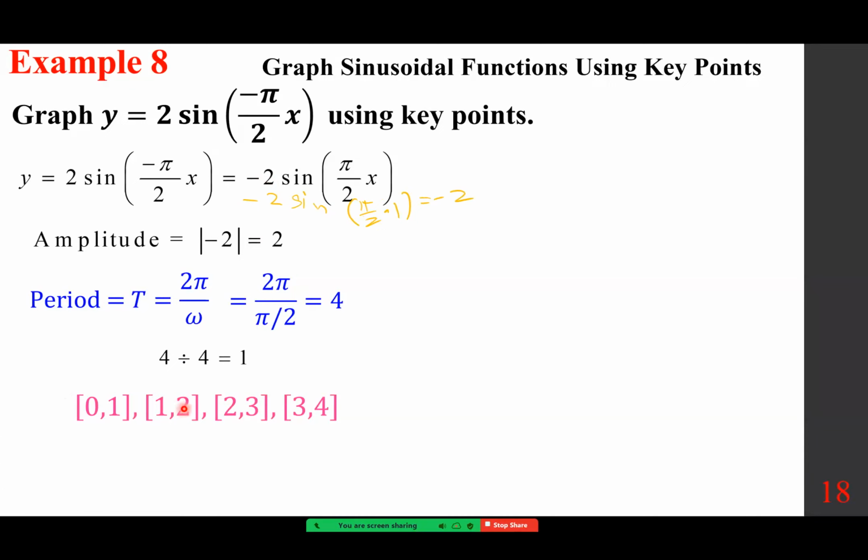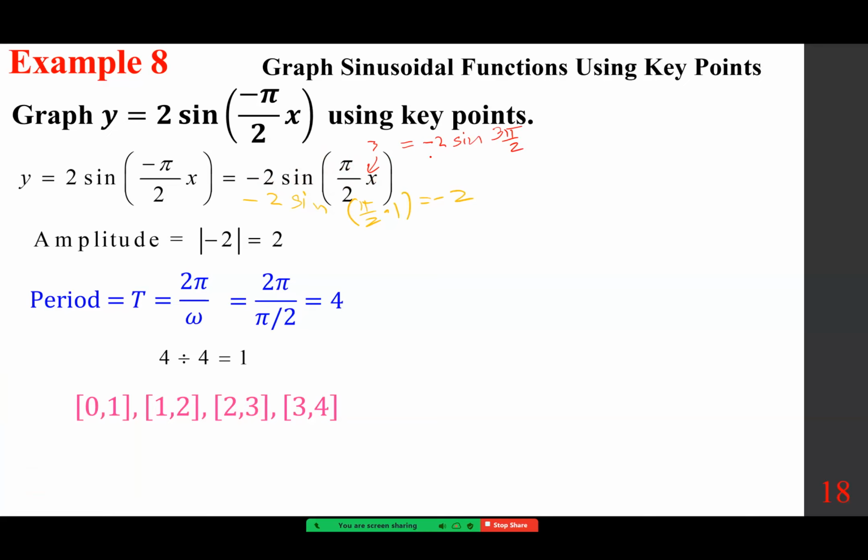Now let's plug in 2. If I plug in 2 here, the 2 and 2 cancel each other. Sine of pi is 0, so I get 0 times any number. Number 3. If I put 3 here, this gives me negative 2 sine of 3 pi over 2.